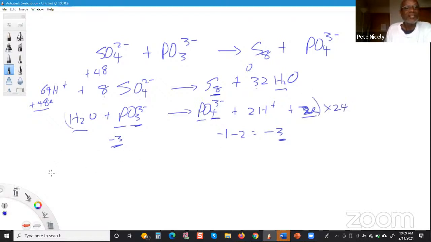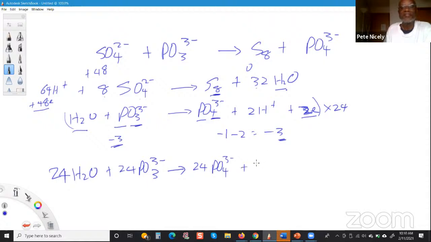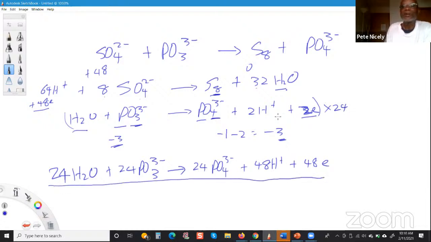So we're going to end up with 24 H2O plus 24 PO3 3 minus, to give 24 PO4 3 minus, plus 48 H plus, plus 48 electrons, all right? So this is what we get when we multiply this equation here by 24, all right?